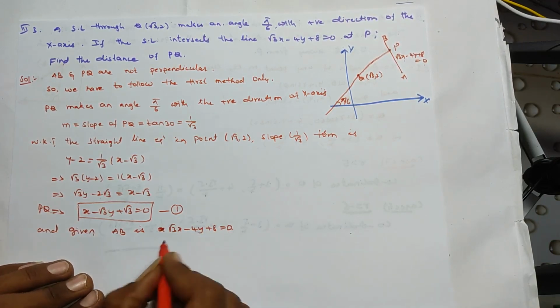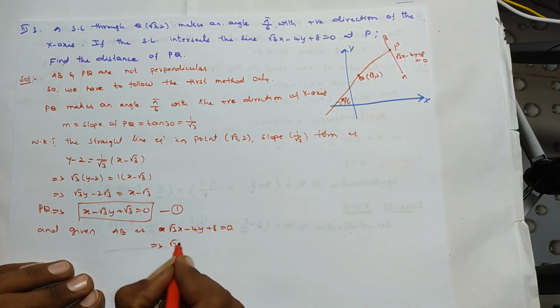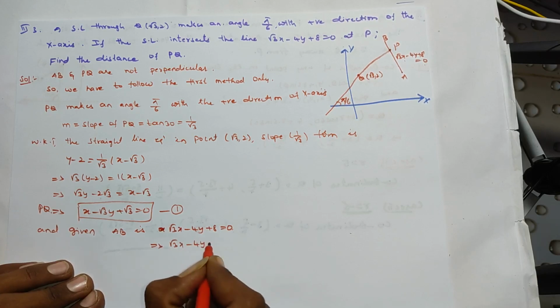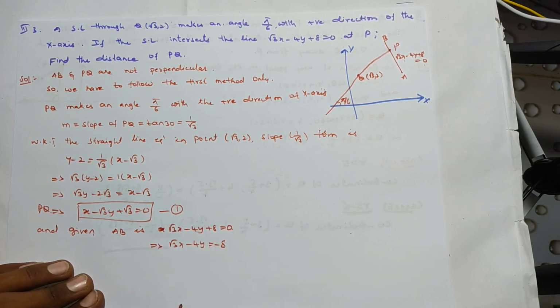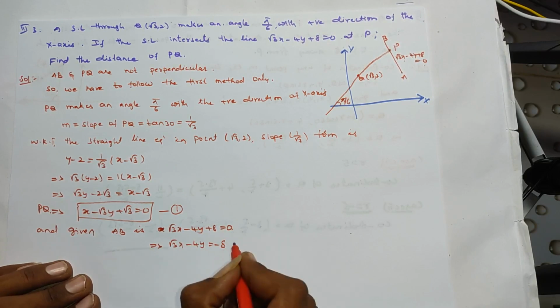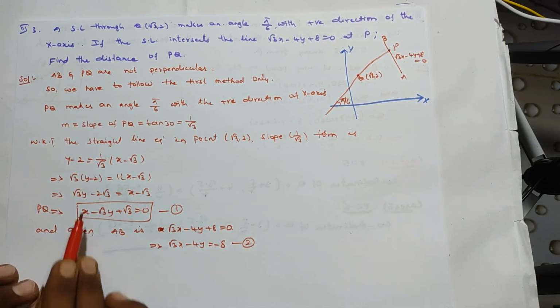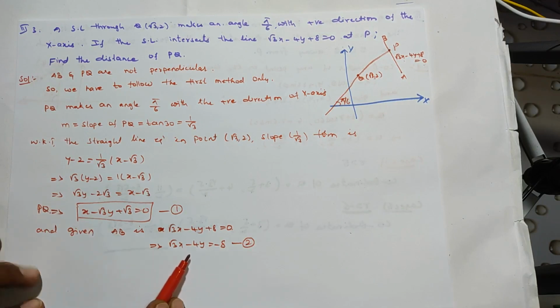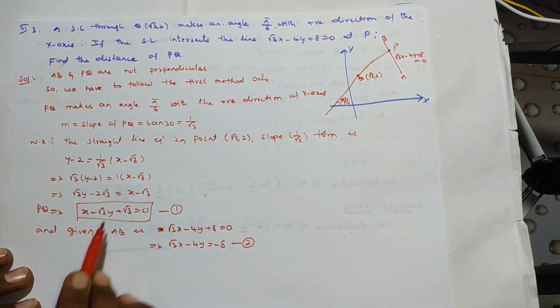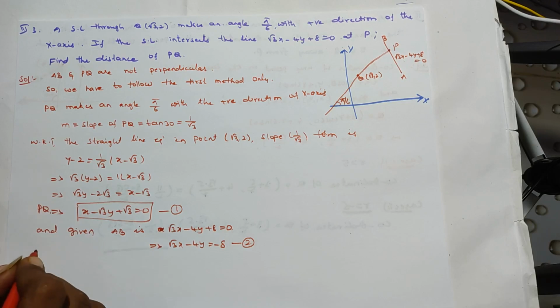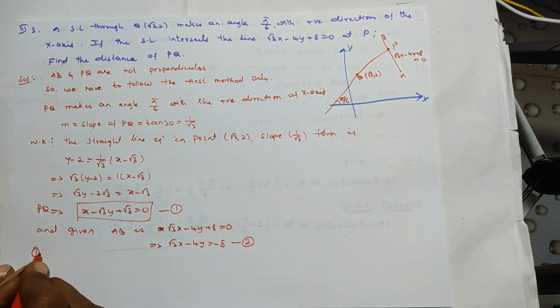So from this we can write it as root 3x minus 4y is equal to minus 8. Clear? This one is equation number 2 suppose. Here we have to find the x and y values. So for that, we have to multiply equation 1 with root 3.